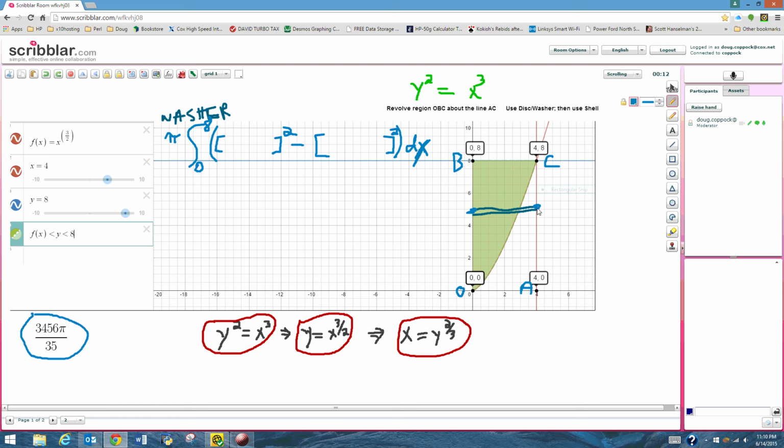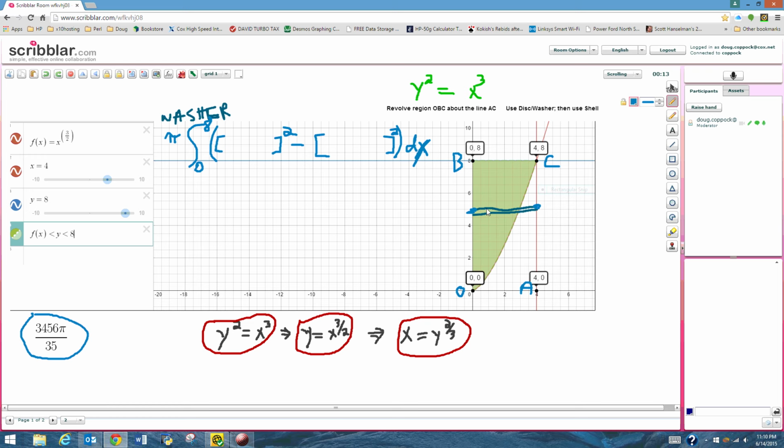In some problems you want to ensure that the distance you're finding an expression for represents a positive number, and you can always get that by subtracting right minus left, or big take away small.